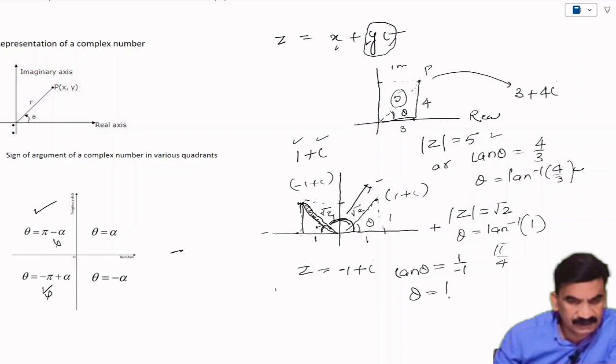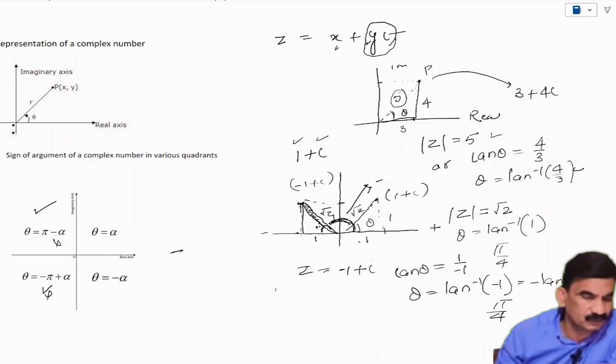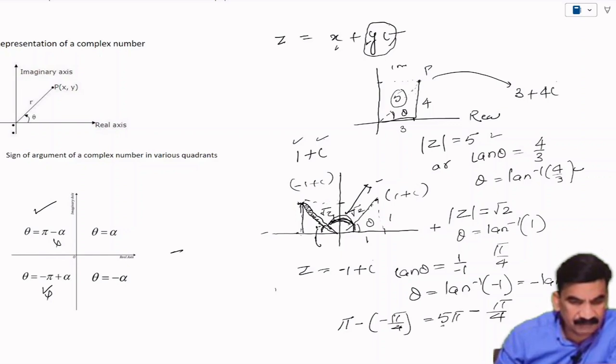So theta is equal to tan inverse -1, which is minus tan inverse 1, you know that, minus pi by 4. But you can see this angle is not pi by 4. So what we do is, this is self-explanatory. In order to get this number, I can subtract this angle from pi. This is minus pi by 4 from pi. And when I do that, I write it as pi minus pi by 4, which is 3 pi by 4.